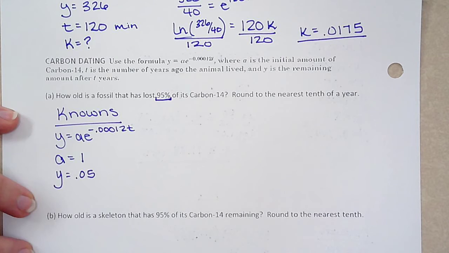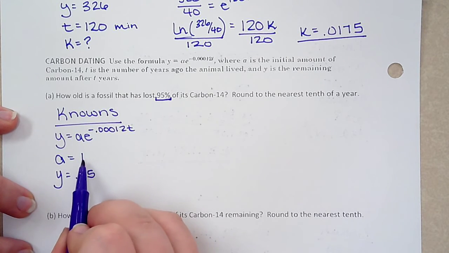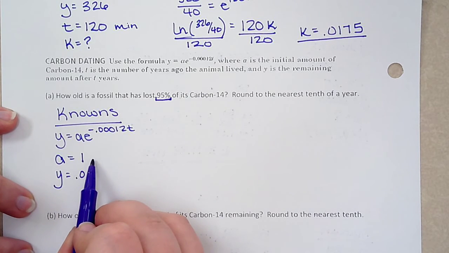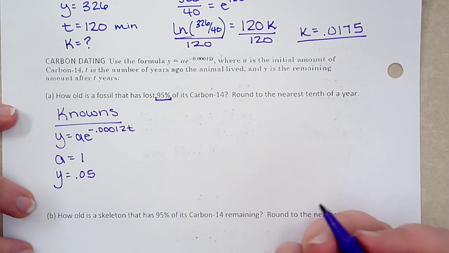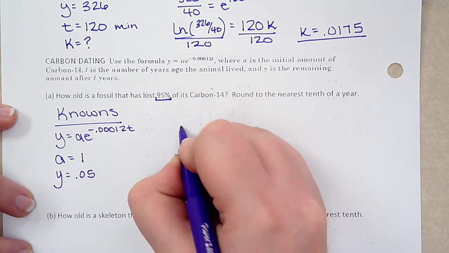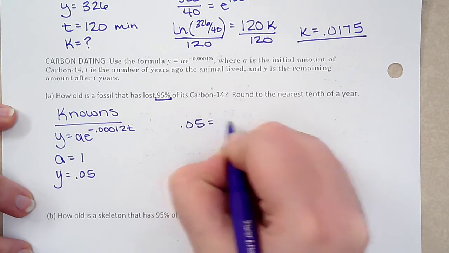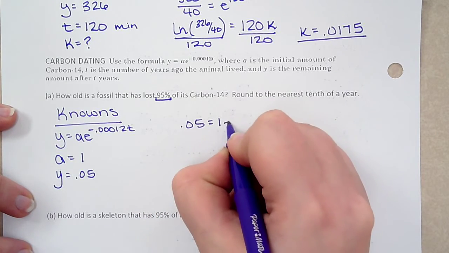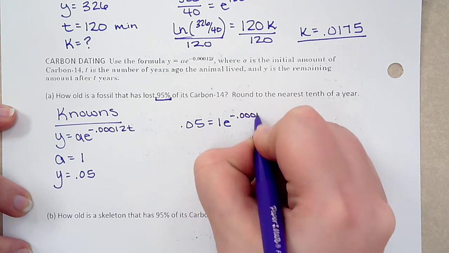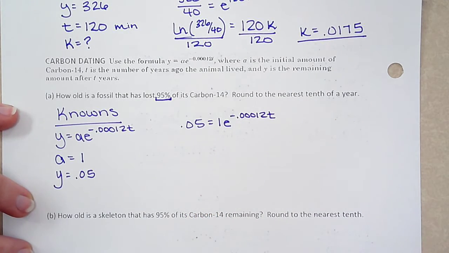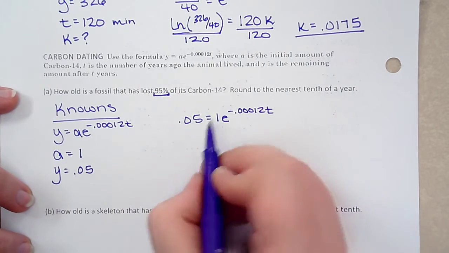I know that's a little bit confusing, but if you think about it in terms of percentages, this says I started out with 100% and I ended with 5%. From that, I can just plug things in. 0.05 equals 1 times e to the negative 0.00012t.